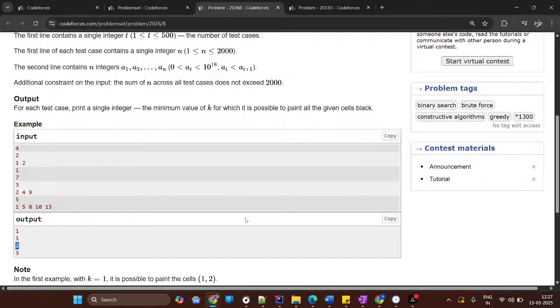what about the even case? The even case is simple, right? You just have to make pairs and then find out the minimum. That is simple. For the odd case, even is simple. For the odd case, I have to think a little.